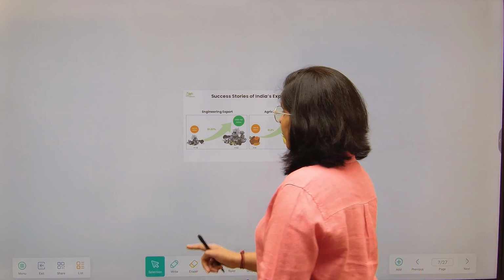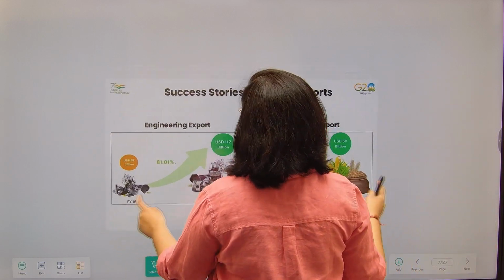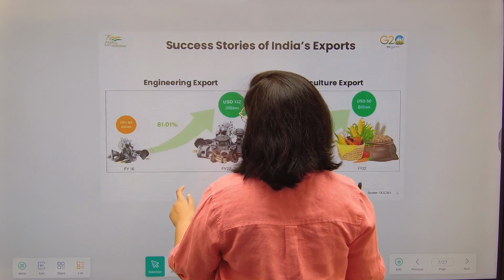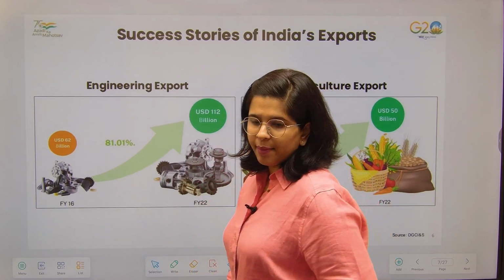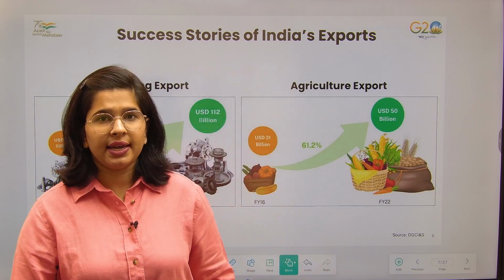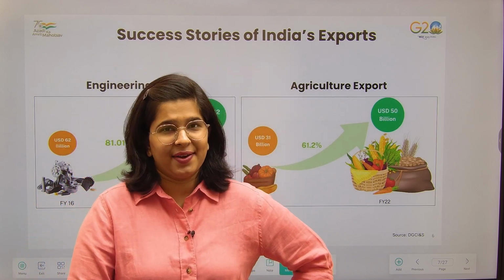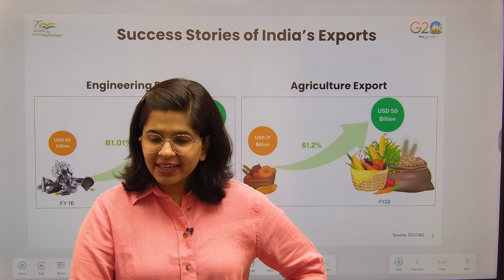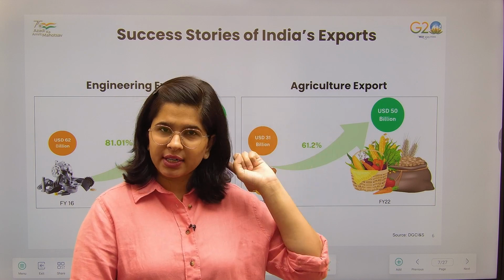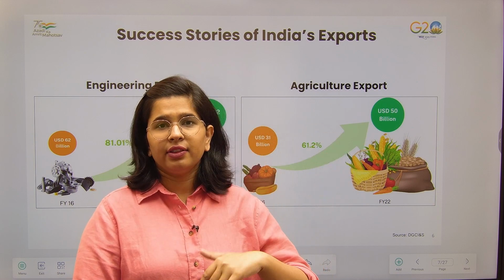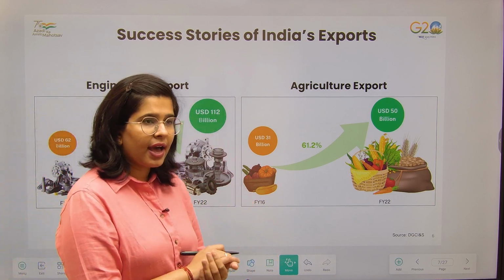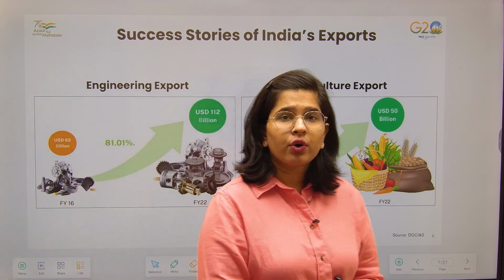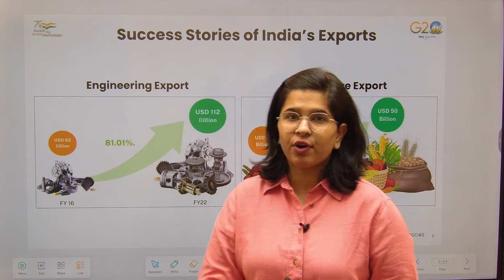Now, before discussing these, you should know what the top 10 export items from India are, correct? That is why all these products and export-related stories have been provided over here, because we are focusing on the major export items from India.